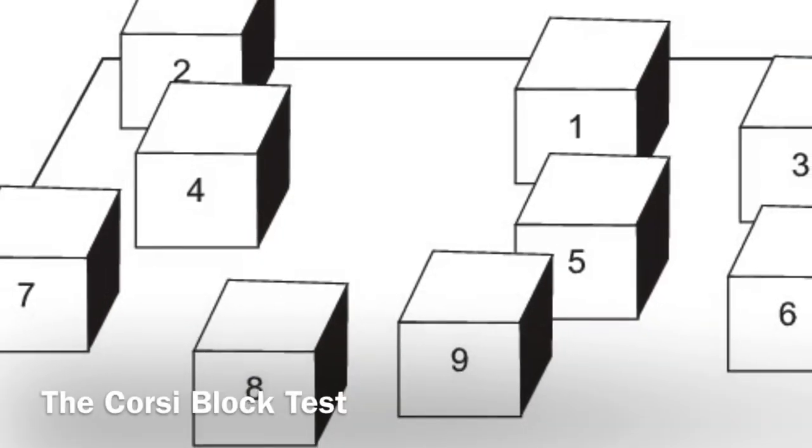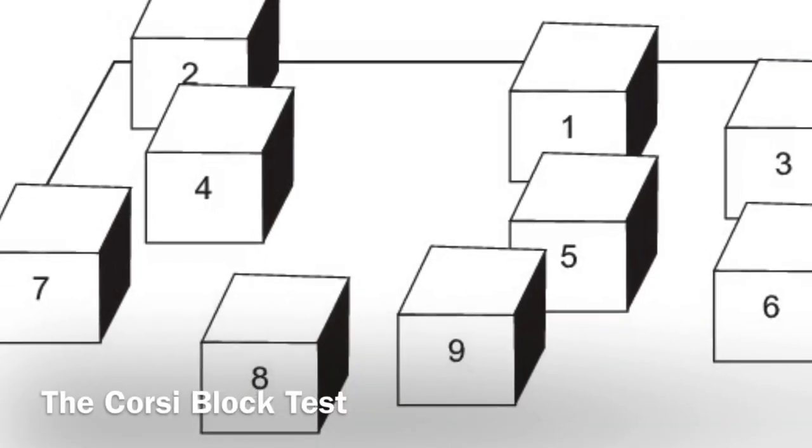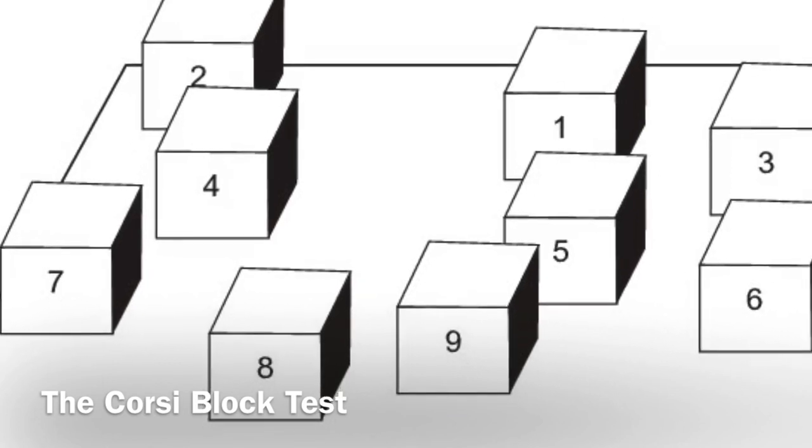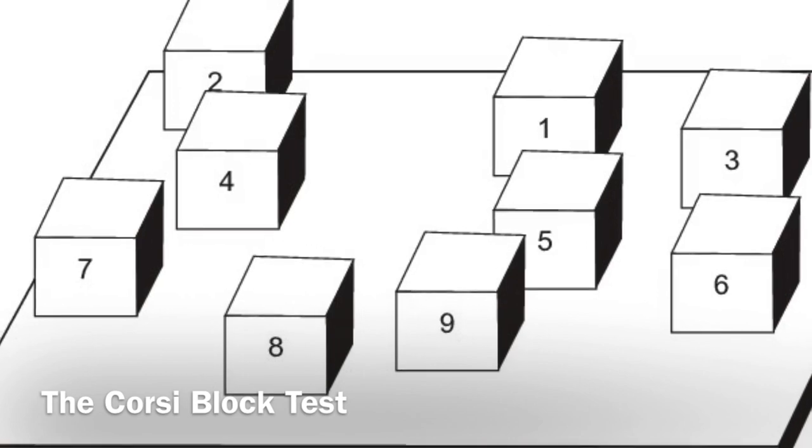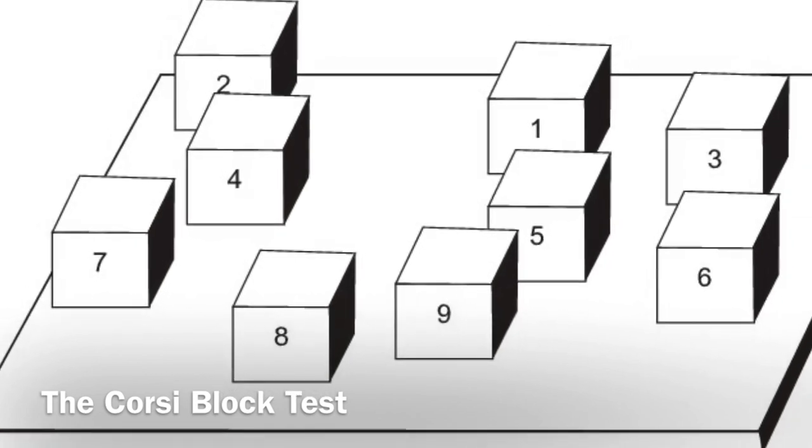Another really great example of an assessment method used for working memory is the Corsi block test. Now, this is one that's very easy to do something similar in the classroom. It involves having a series of blocks set out in front of you.